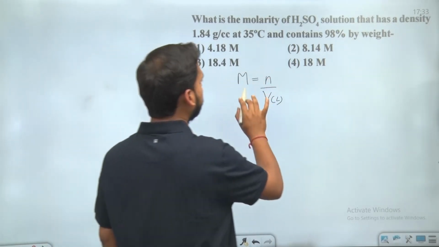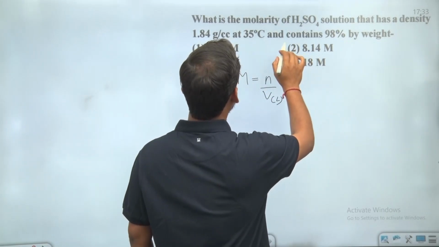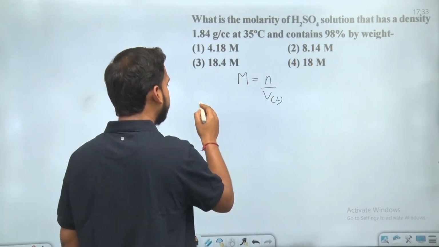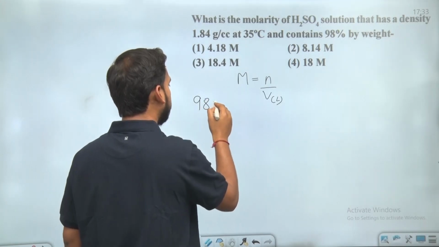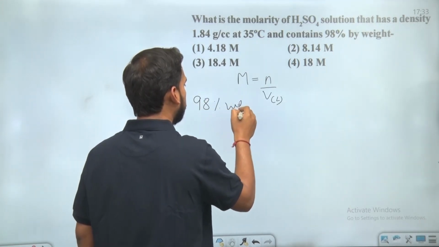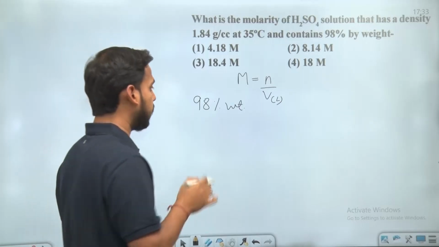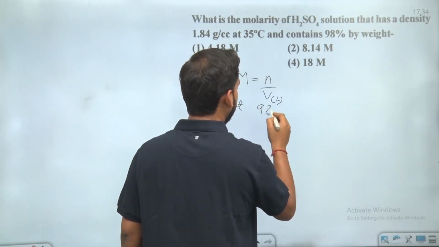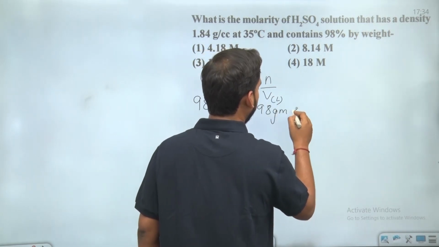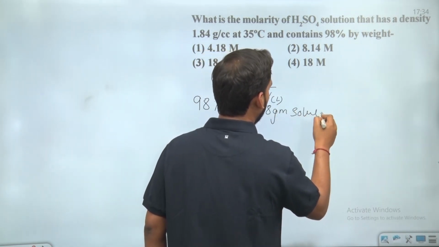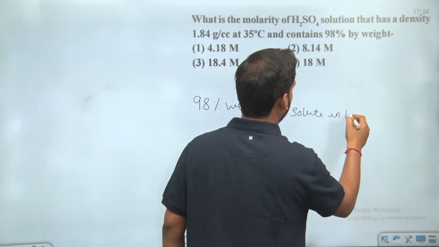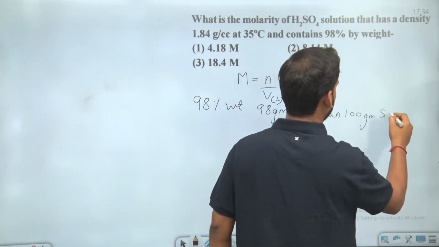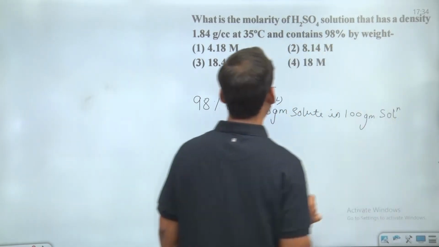The density is given, and 98% by weight means that it contains 98 grams of solute in 100 grams of solution.